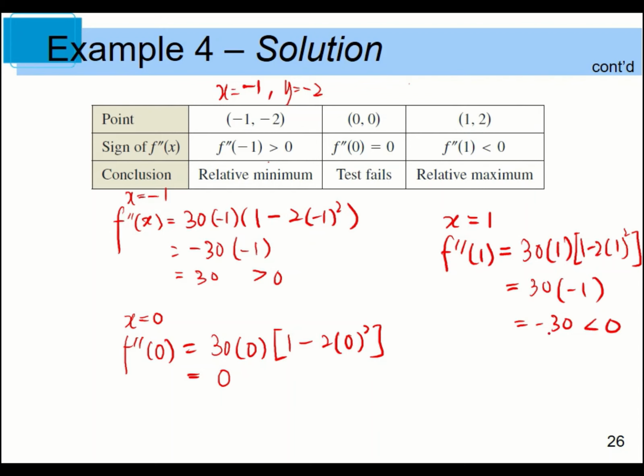When the second derivative is less than 0, we know this is a maximum point, and the graph is concave downward. Now we can use this information to sketch the graph.